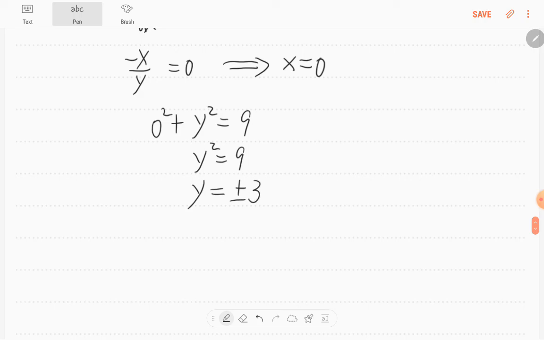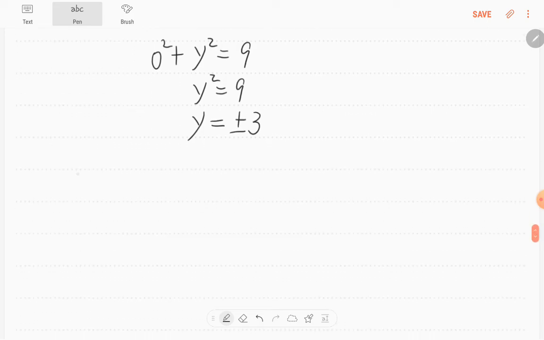So you have two values. So in other words, when x equals 0, y equals plus or minus 3. So you have 2 points. One point is (0, 3). Another point is (0, -3). At these 2 points, you will have a horizontal tangent line.